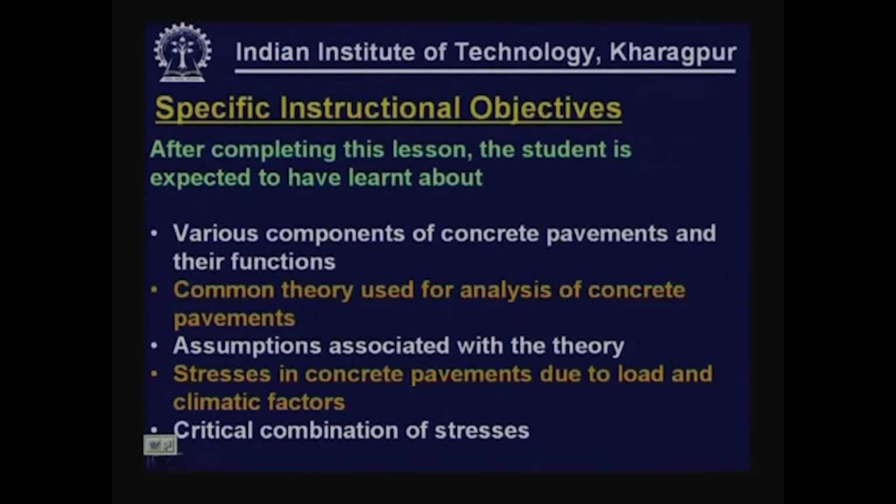It is built in terms of a number of slabs connected through joints, with different mechanisms. So, we need to understand the difference between how flexible pavements are constructed and how concrete pavements are constructed, and what the main components in concrete pavements are.